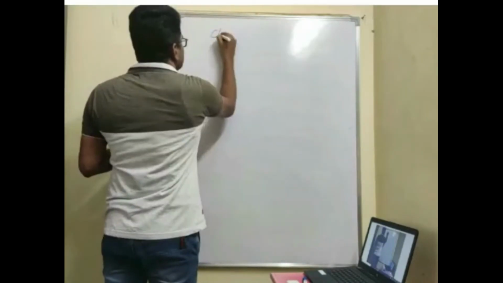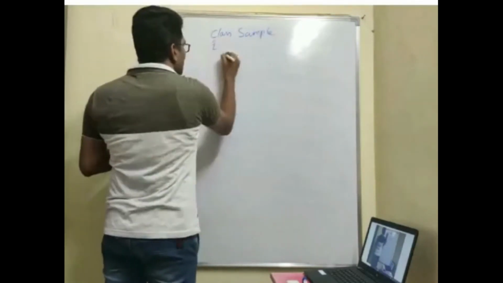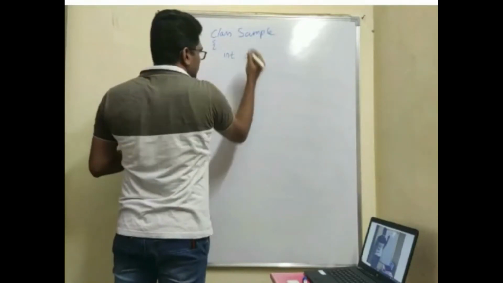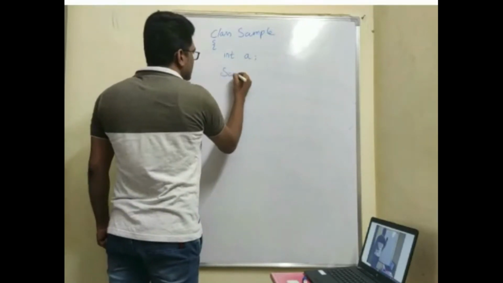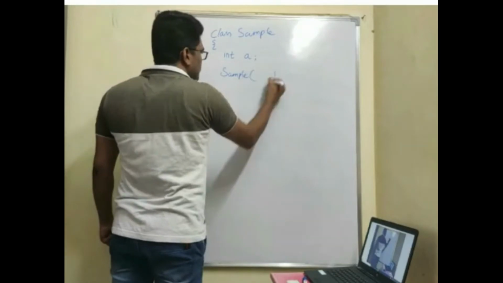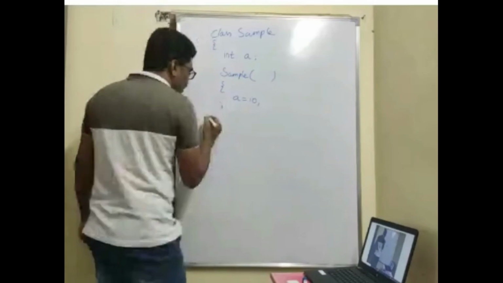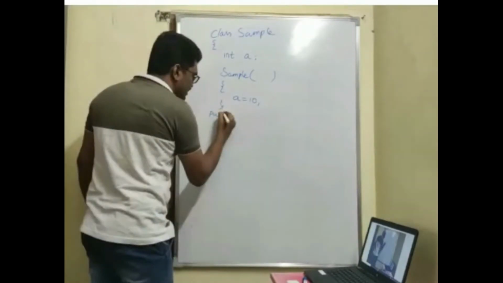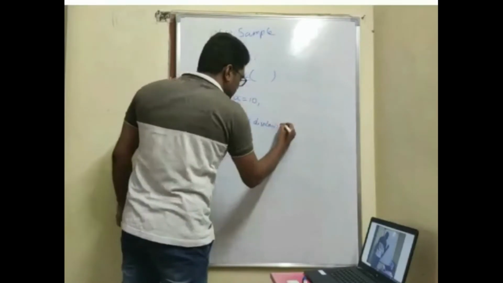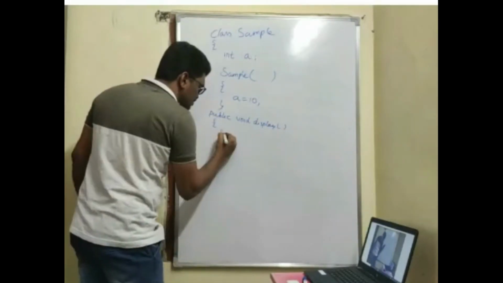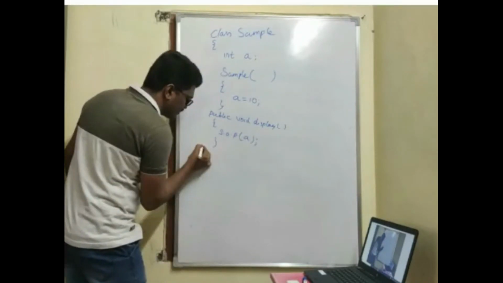The class name is sample. Suppose I have a variable A. Now I want to initialize it. So this is my constructor sample. For A, I am giving a value. I write some other method here, public void display. The purpose of this method is to display the value. System.out.println A. So this is my class.